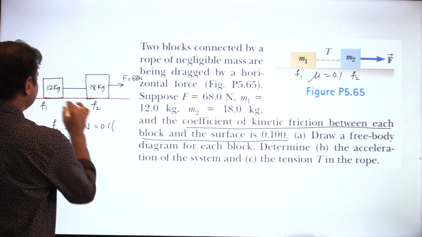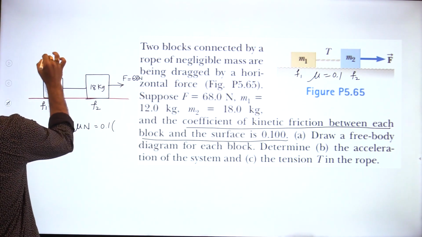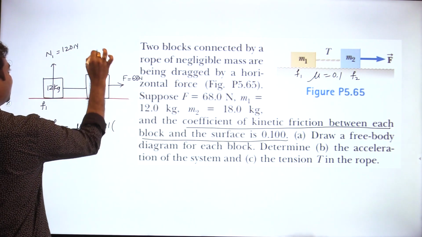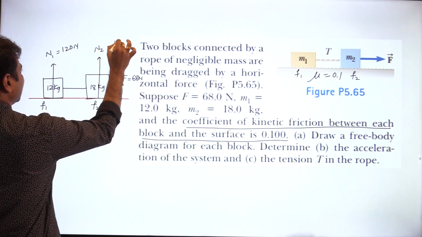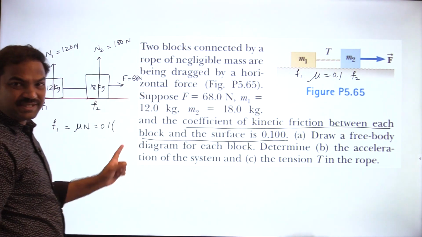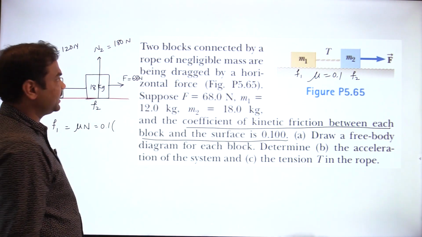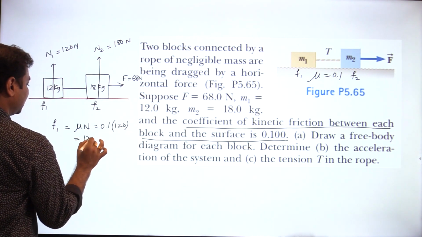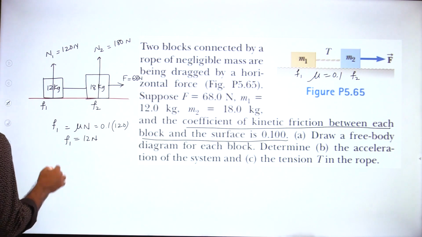So 0.1 into the normal reaction for 12 kg, which is 12 g, 120 Newton. For the 18 kg block, normal reaction is 18 into 10, 180 Newton. So 0.1 into 120 gives 12 Newton, the friction acting on the 12 kg block.